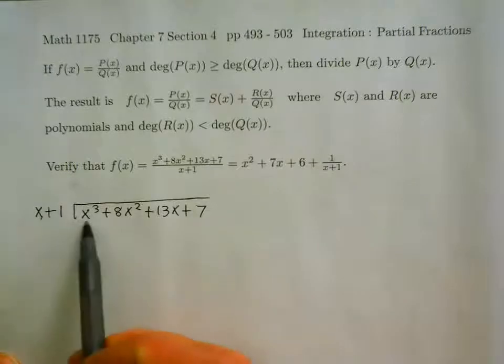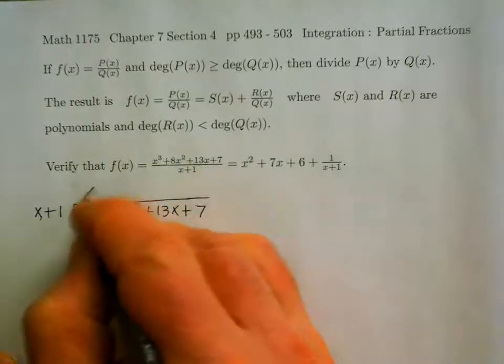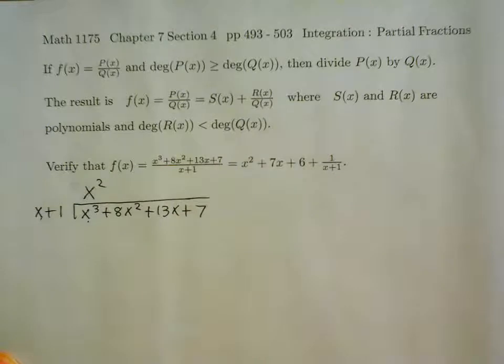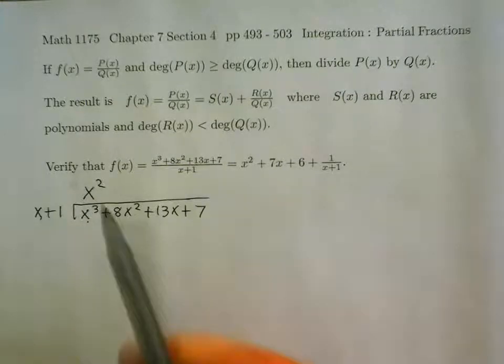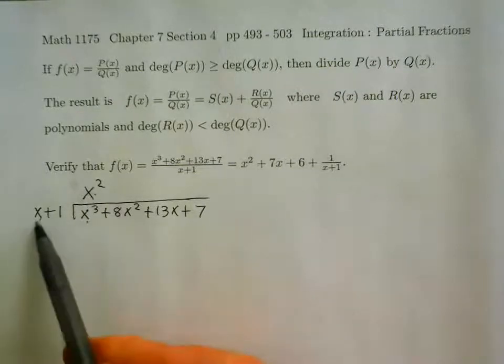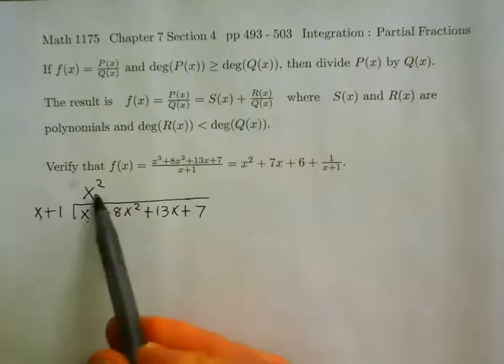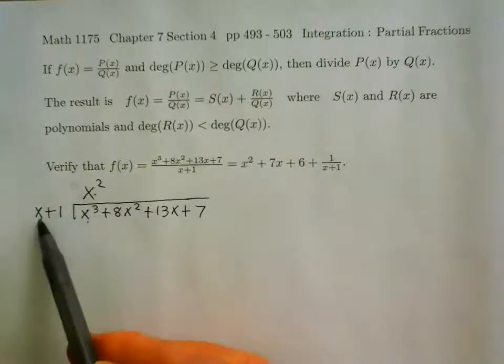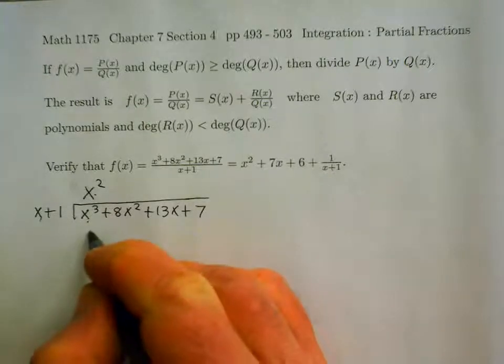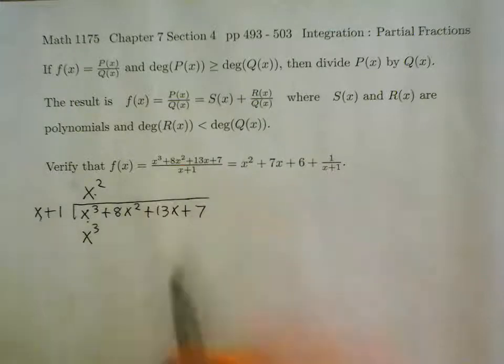X will go into x to the third, x to the second times. So we put x to the second up in the quotient. And then we multiply x to the second times the divisor. X to the second times x is x to the third. So we put that in the x to the third column.